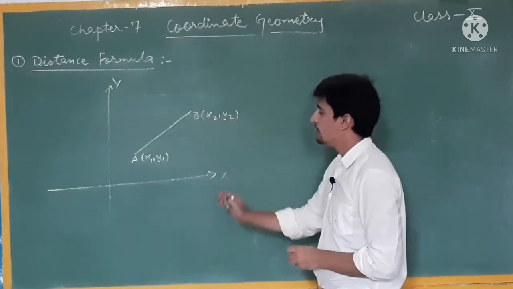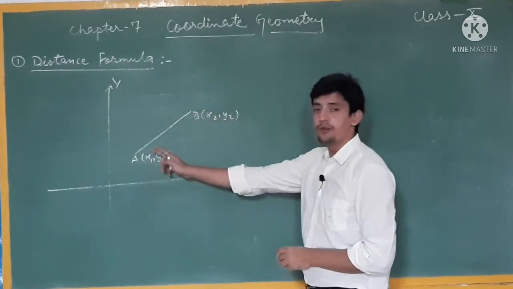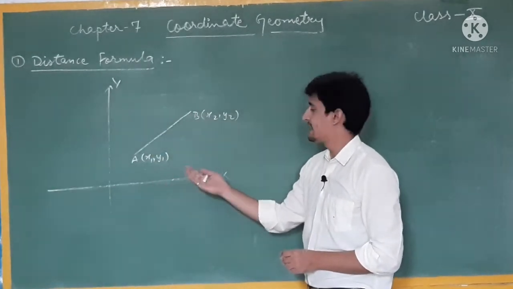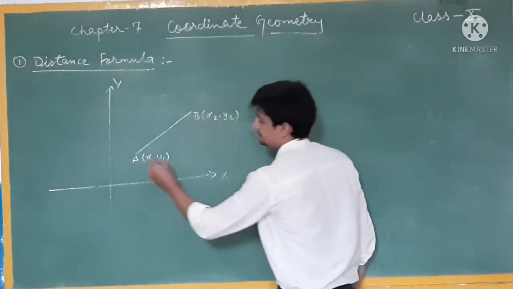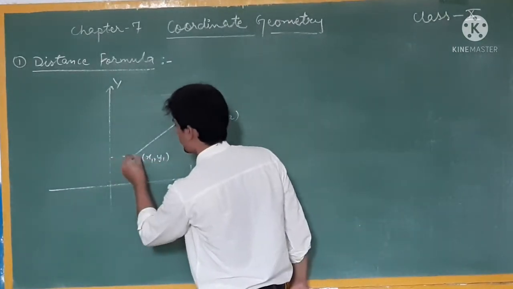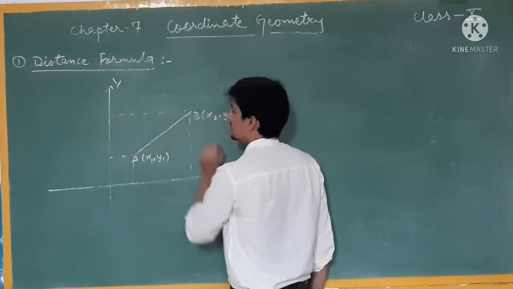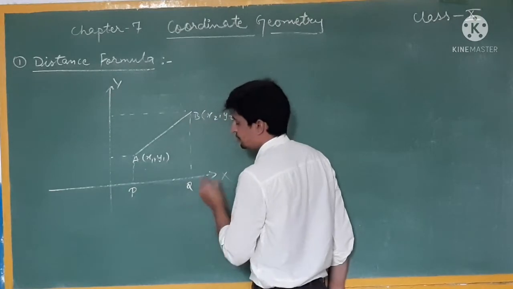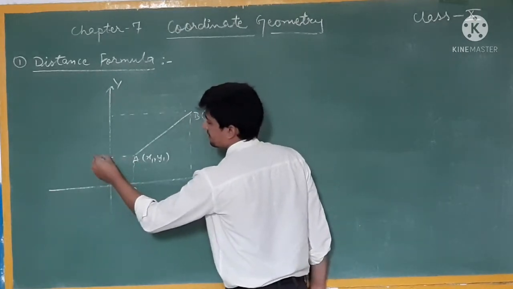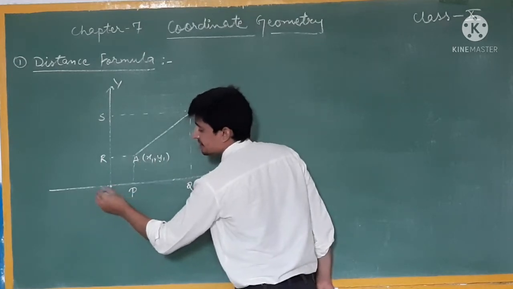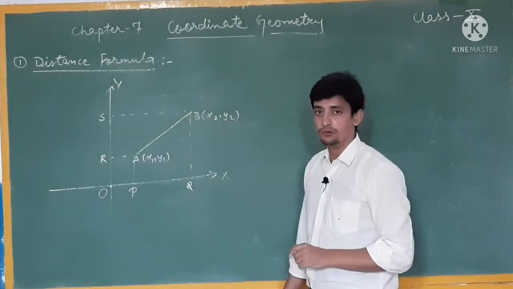Now I will drop perpendiculars from A and B onto the corresponding axes, the x-axis and y-axis. Let's suppose I write here P, Q, and this R, and S, and this is the origin, represented by capital O.